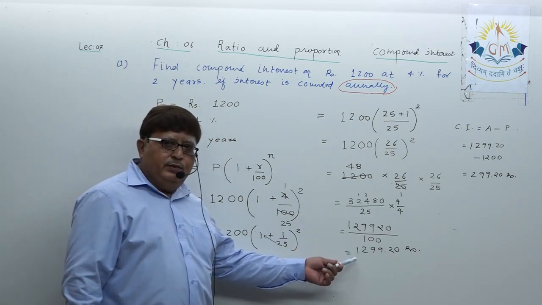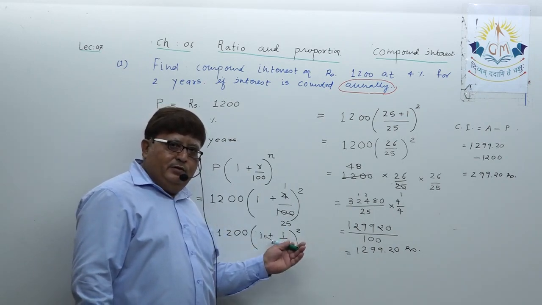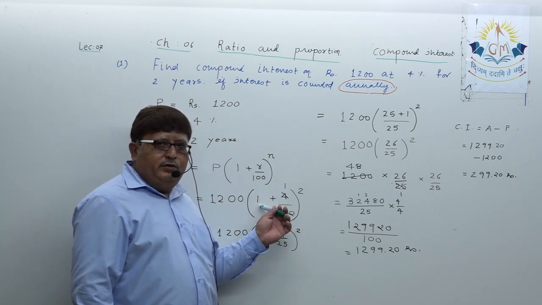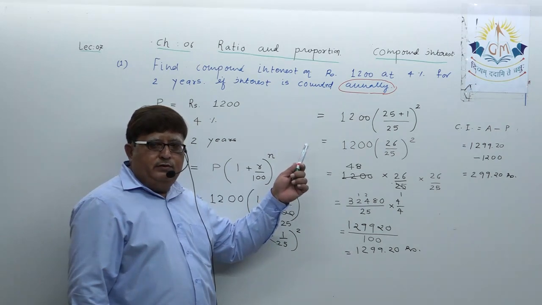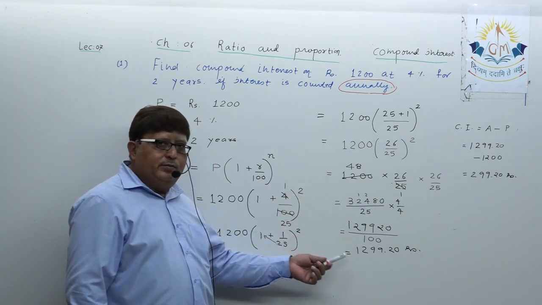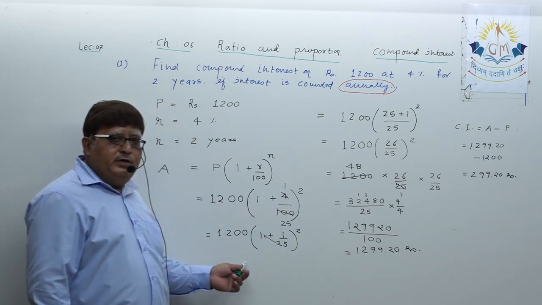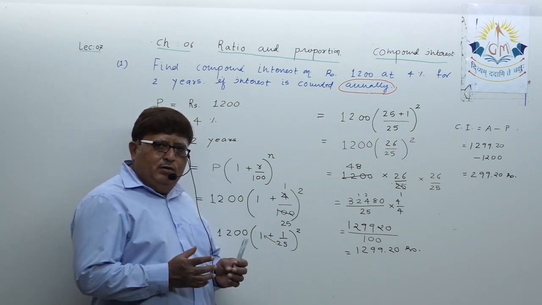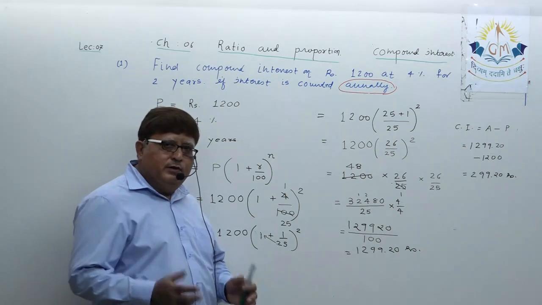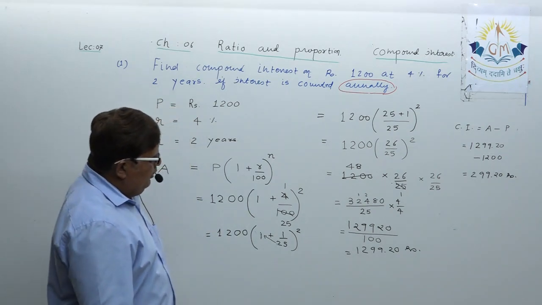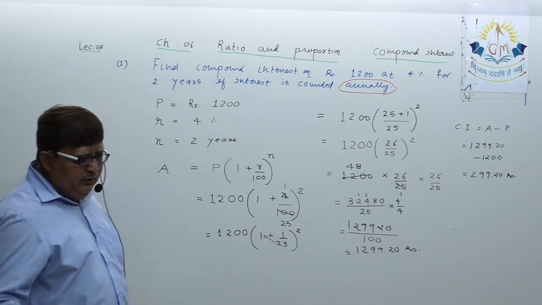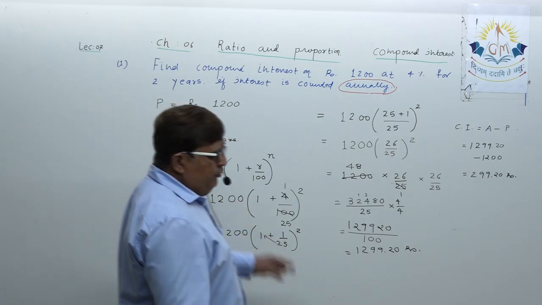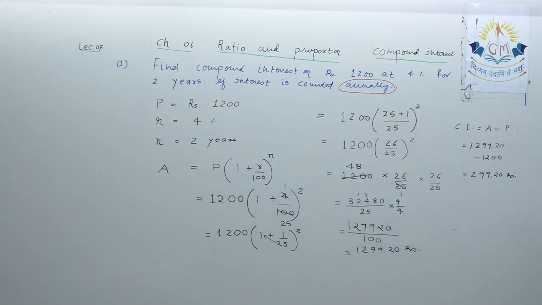Some of the students were getting compounded amount less than the principal. Is it possible? When you are charging principal 1200 on compound interest for 2 years, how can your amount be less than the principal? Never going to happen. So this is a little common sense you need to possess when you solve your example. Dear student, for 1 minute have a look at this, write this properly before we solve another example of the same type.